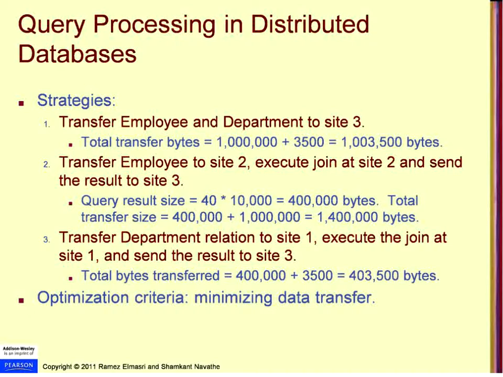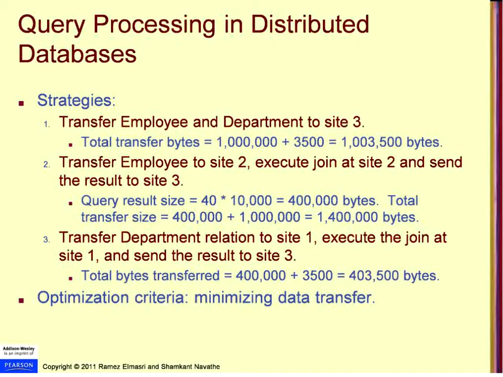Now the second strategy is to transfer employee to site 2, because site 2 has the department relation. Transfer the employee relation to site 2, execute the join at site 2, and send the result to site 3. Now what will happen? The query result size will be 40 multiplied by 10,000.